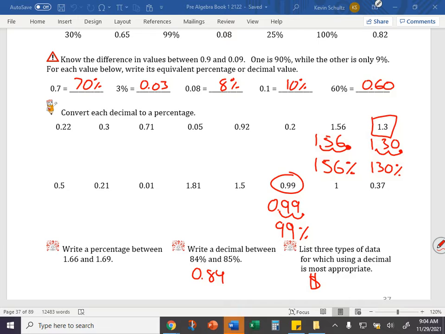What's 85% as a decimal? 0.85. I'm looking for a decimal that is between 0.84 and 0.85. And you might think, well, there's no number between 84 and 85. How is that possible? Remember that decimals don't have to only stop at 2 decimal places. You can go further. So I'm going to leave you with that and let you brain bust the rest.